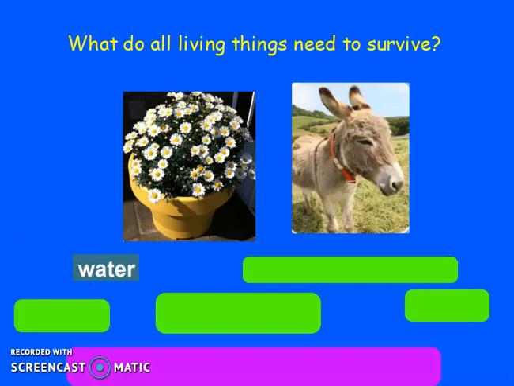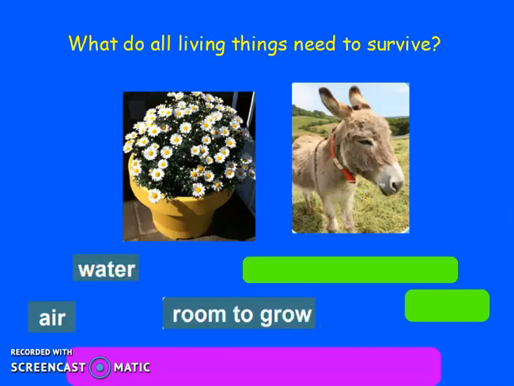Let's have a look. They all need water. They all need air to survive. Plants breathe in air just like animals do. They all need room to grow. If they're squashed and they don't have enough space, they might die.